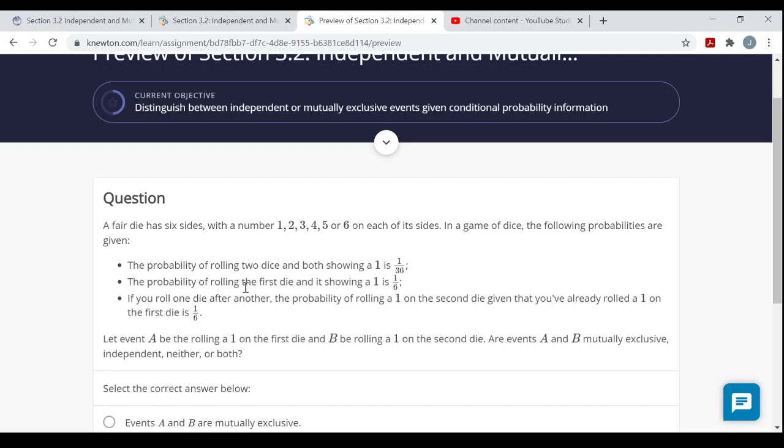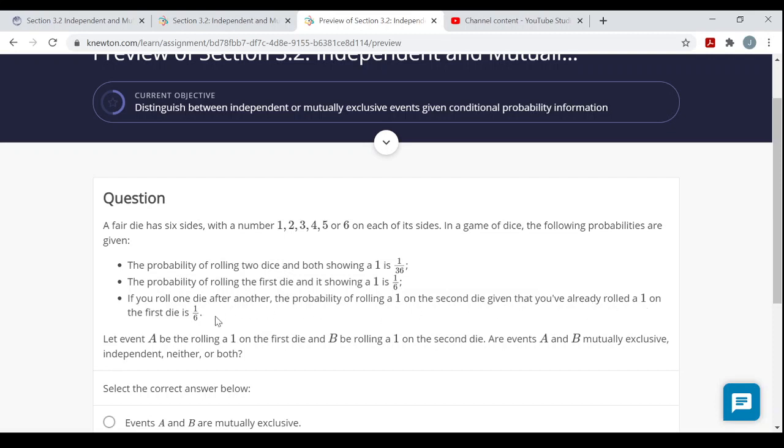The probability of rolling the first die and it showing a 1 is 1 out of 6, because that's just the one die. If you roll one die after another, the probability of rolling a 1 on the second die, given that you've already rolled a 1 on the first die, is 1 out of 6.